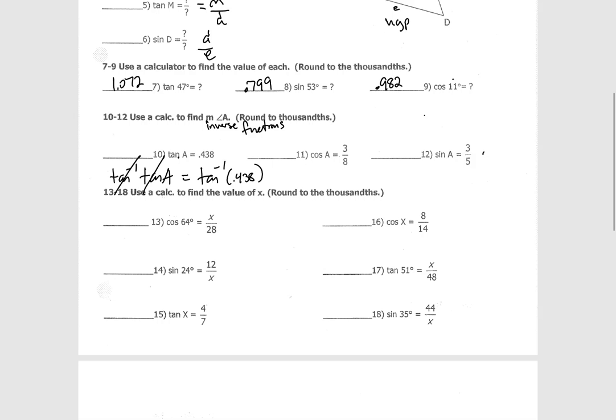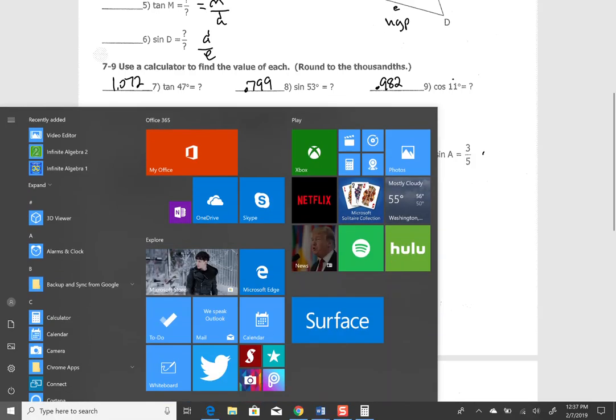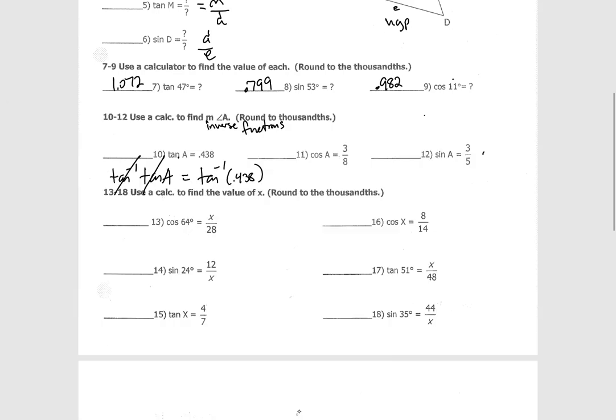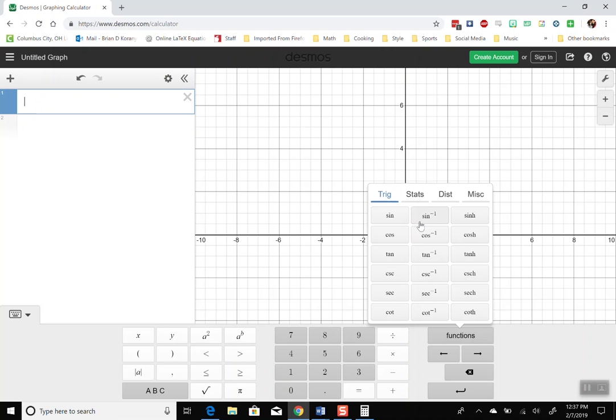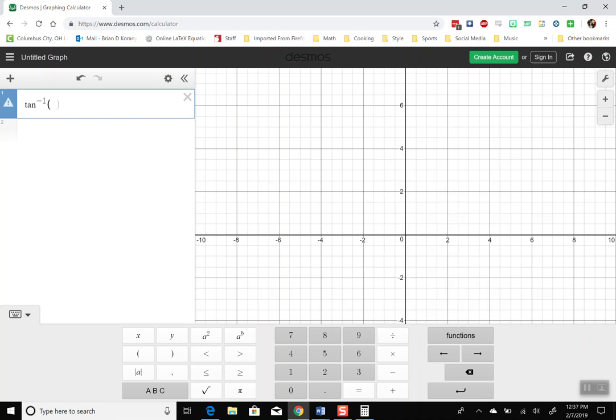So again, we're going to plug this on the calculator. Inverse tangent of 0.438. So I'm going to go on my function and click the inverse tangent, which is this one right here, that looked like the tangent to the -1. The inverse tangent of 0.438.